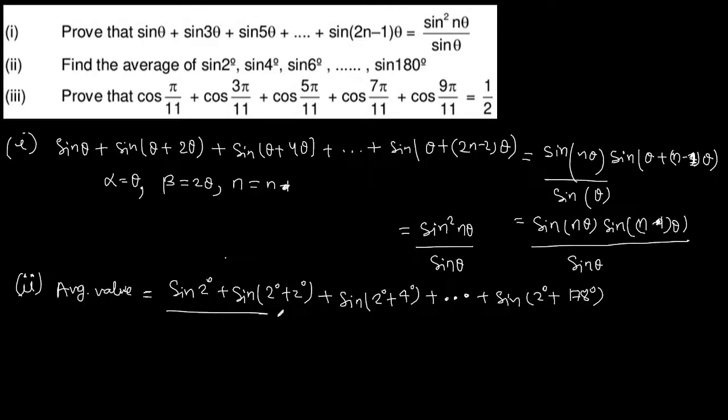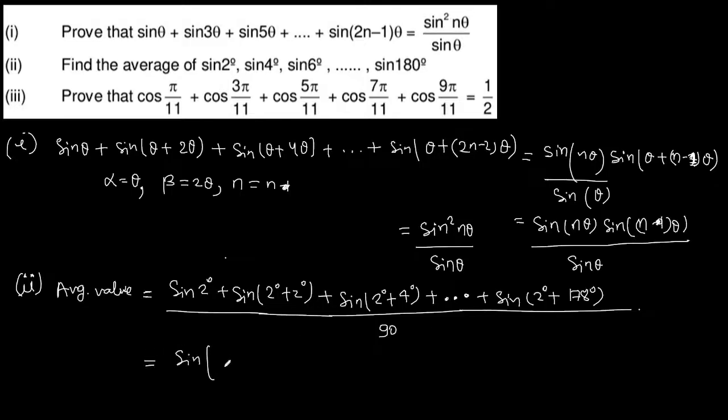Since we are doing average, average is the sum divided by the total number. So the total numbers are 90.